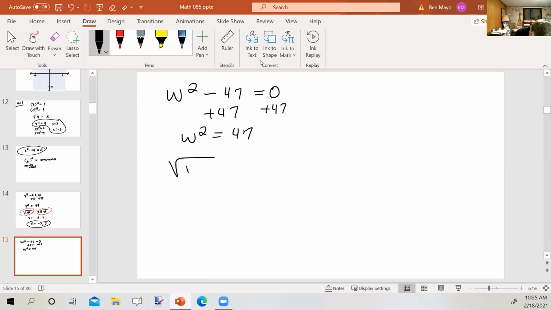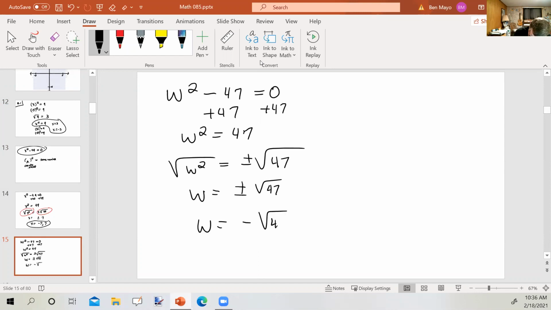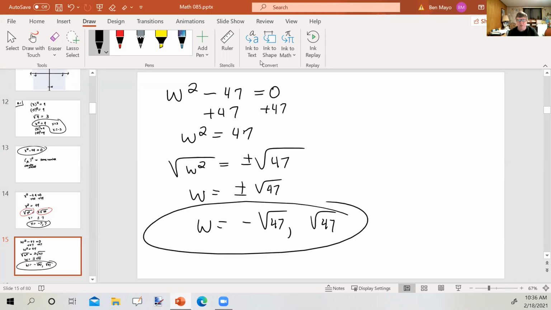Taking the square root of both sides, I get w equals plus or minus the square root of 47. Keep in mind 47 is not a perfect square and doesn't contain any square factors. So basically, my answer is plus or minus the square root of 47. So w equals negative the square root of 47, comma, the square root of 47, again in WebAssign. You don't have to put a plus sign in front of the positive, but you do need a negative sign in front of the negative answer.